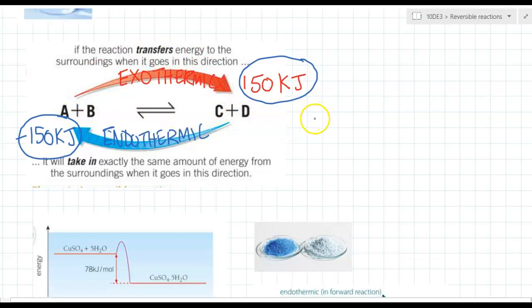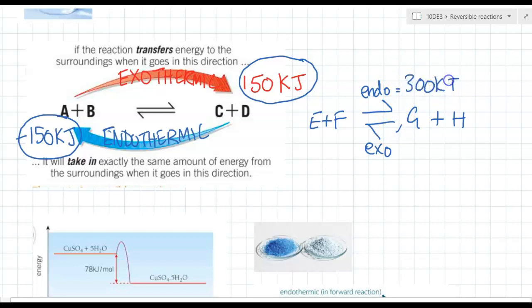And it doesn't have to be exothermic forwards. We could equally have a chemical reaction, let's do E plus F reacts and makes G plus H. It could be endothermic going forwards and exothermic going backwards. But the key thing would be that if this is, let's say, 300 kilojoules going in from the surroundings, in the other direction, it would give out 300 kilojoules.